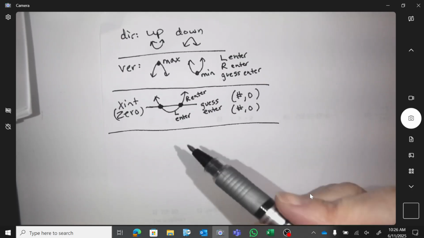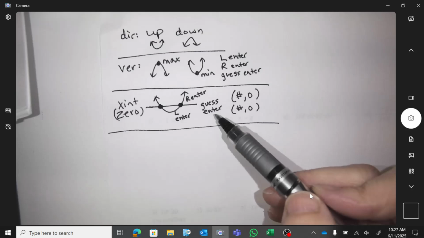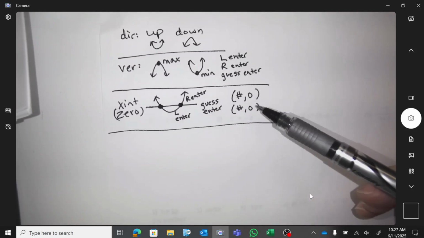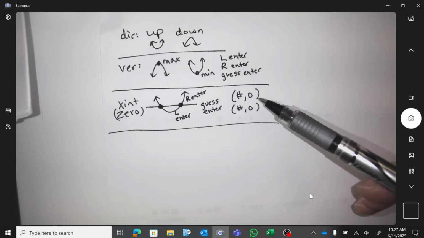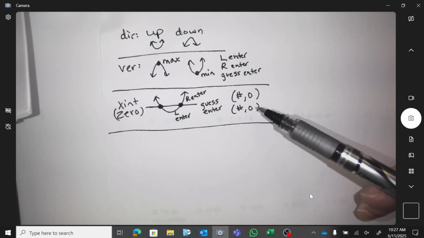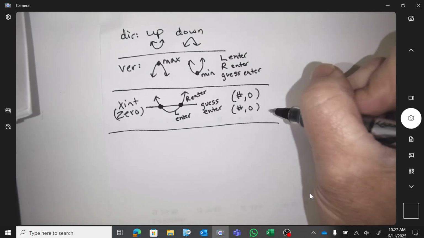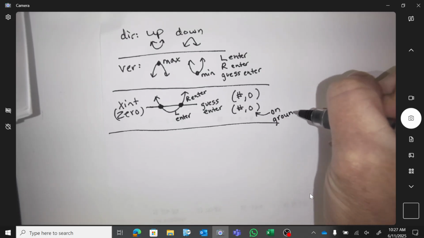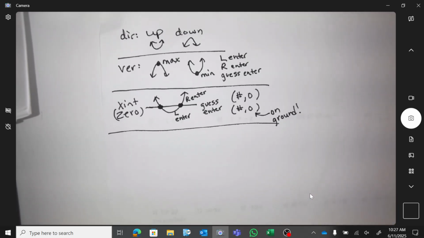Same instructions, right? Left enter, right enter, guess enter. That's the same, but this one's just called the 0. And look at how I write my coordinate, because the height is 0. It's on the ground. In a word problem, that's where you're hitting the ground, the height.